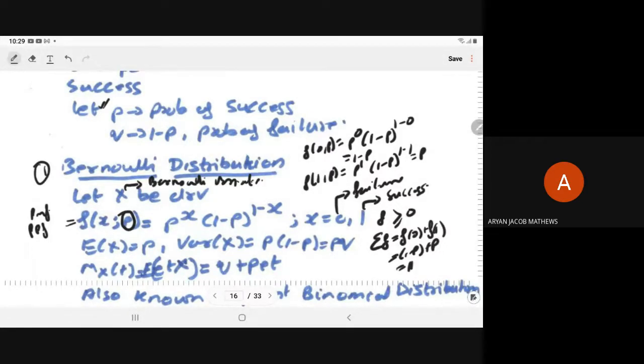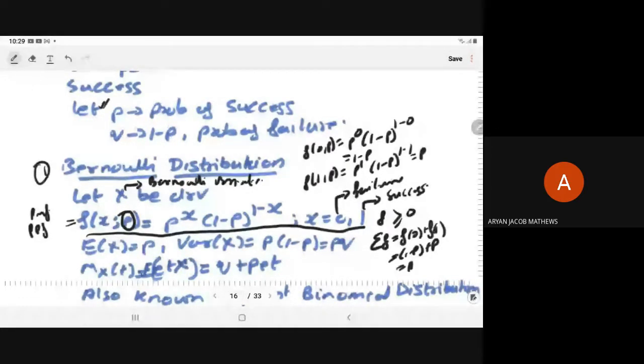It means the summation of f is equal to 1. It satisfies both necessary conditions for being a point probability function or a probability mass function. So now you can say this is the pmf of the Bernoulli distribution.